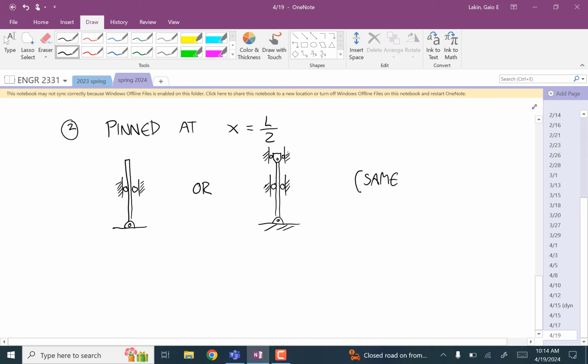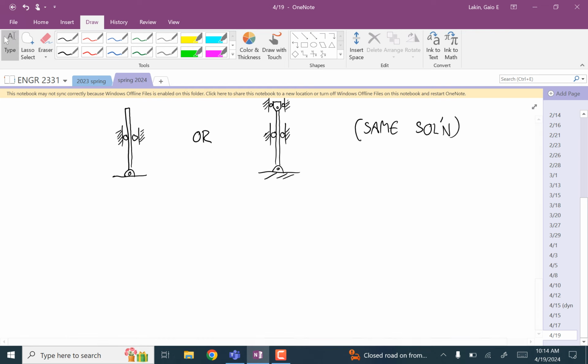These have the same solution. Okay, so we're going to start with what we derive for something that's pinned at the midpoint.